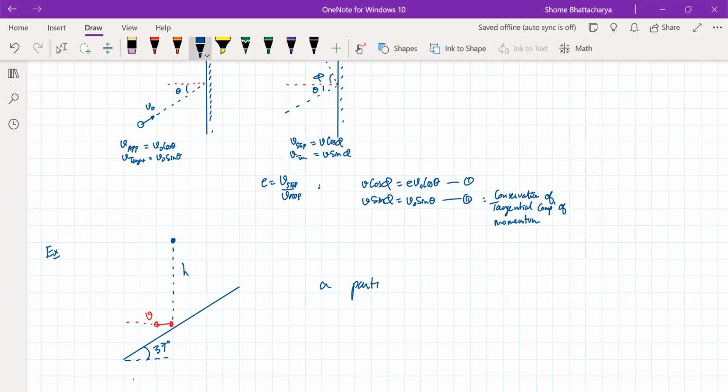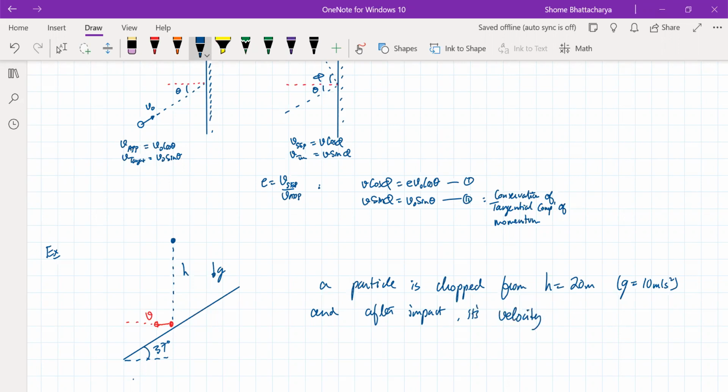So a particle is dropped from a height of 20 meters. Take the value of g as 10 meters per second square. And after impact, its velocity is horizontal.